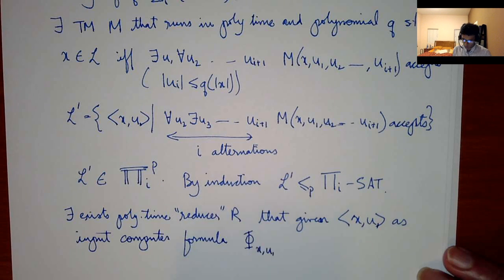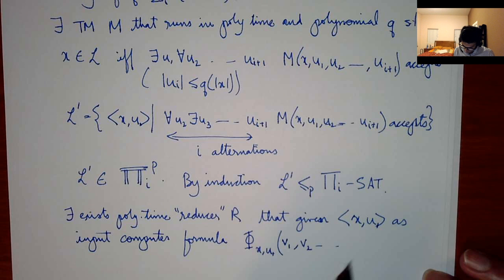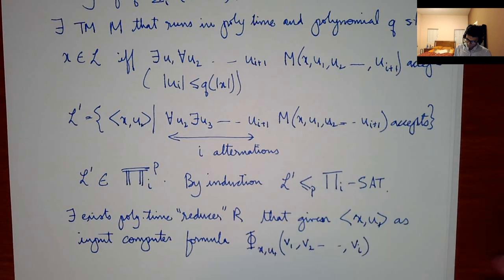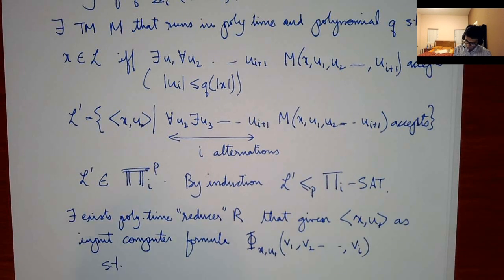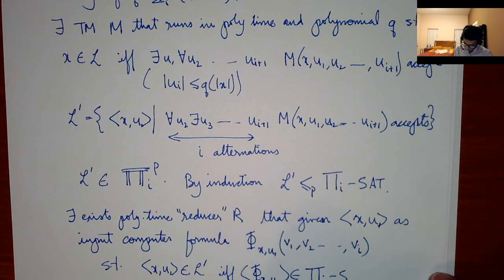It computes some formula, pi x u1, and I'm just going to switch the notation v1, v2 up to vi, such that x u1 is in L prime if and only if pi x u1 is in pi I sat.